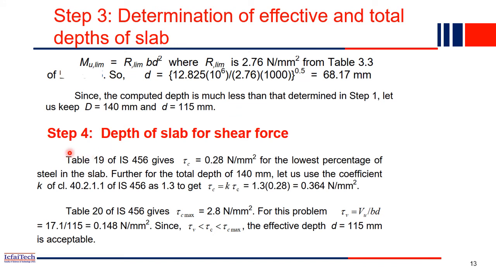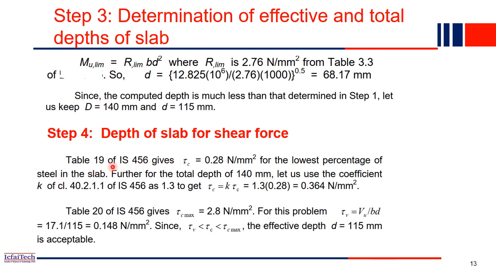Step 3 is over. Now step 4, depth of the slab for shear force. Whether the 115 mm depth we provided is sufficient to take care of the shear force, we compute in step 4. Again, in table 19 of IS456, tau c will be 0.28 Newton per mm square for the lowest percentage of steel in the slab.